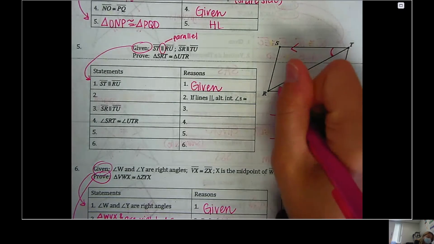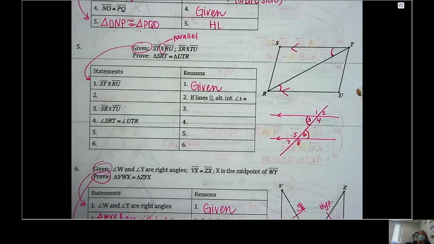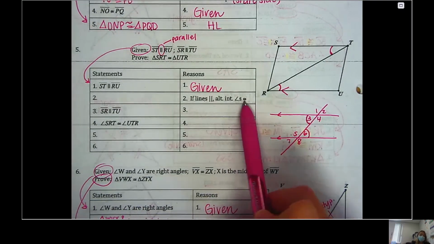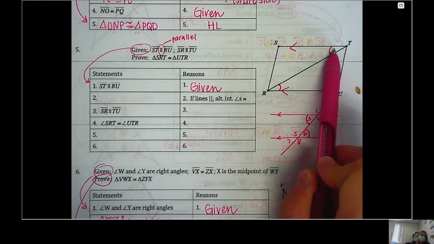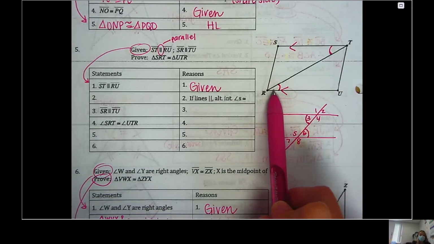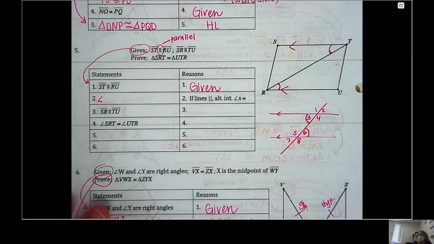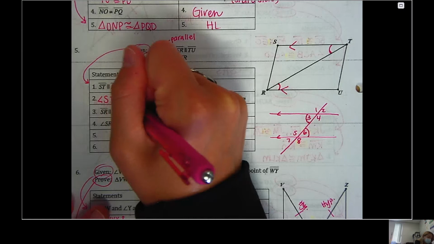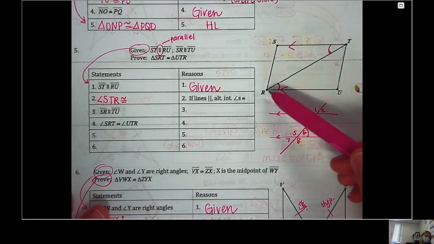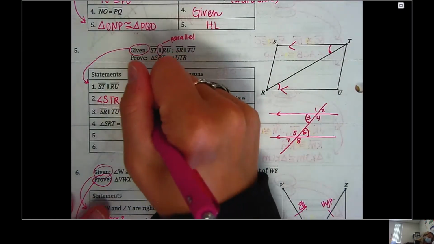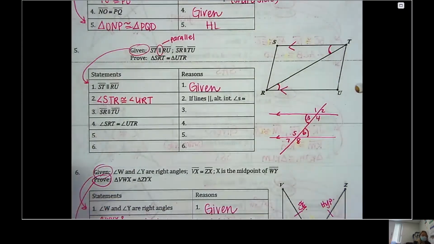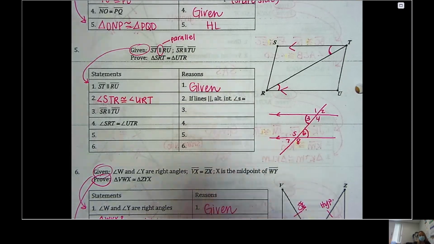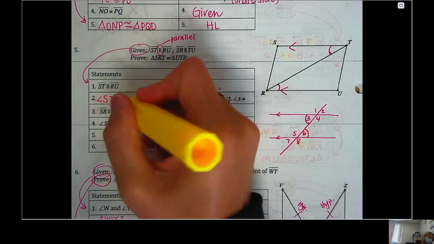So in my picture, that would be this angle R right here. Alternate interior angles are congruent. So I'm going to say this angle T is congruent to this angle R. And I'm going to call it using 3 letters. STR is congruent to angle URT. So if lines are parallel, alternate interior angles are congruent. There's my first pair of angles.